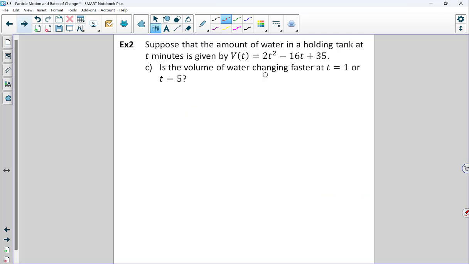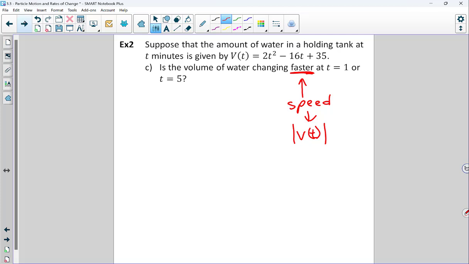Part C: is the volume of the water changing faster at t equals 1 or t equals 5? Let's pay attention to that word faster. Anytime I use the word fast or slow, those are references to speed. Speed is the absolute value of velocity. So if I have a velocity of -4 and a velocity of +1, and I ask you which one is going at a lower velocity, -4 is a lower velocity.